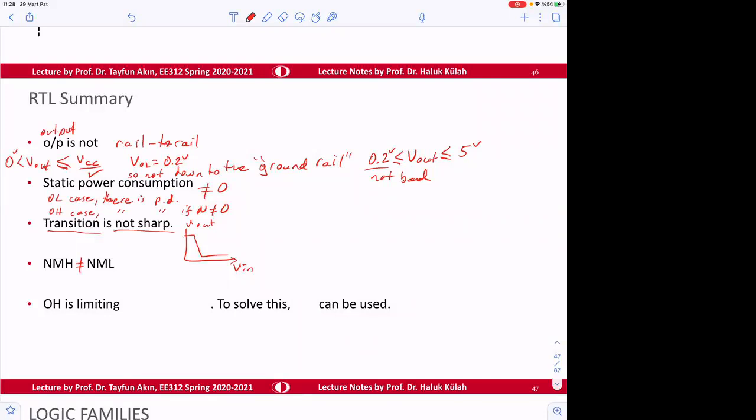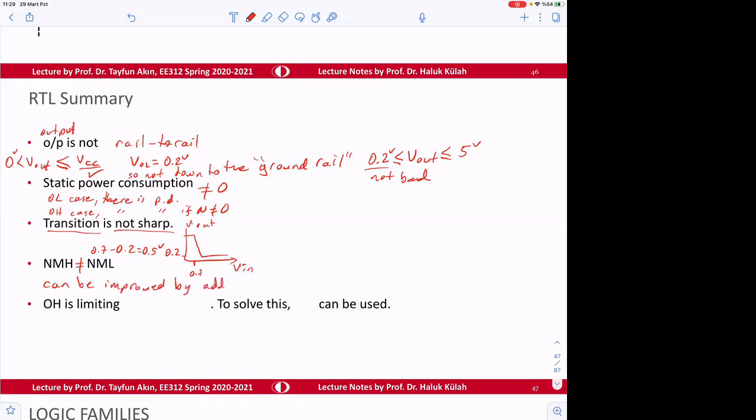So maybe this value is 0.7. Remember, this is 0.2. So noise margin low is 0.7 minus 0.2, which is 0.5. It's very low.